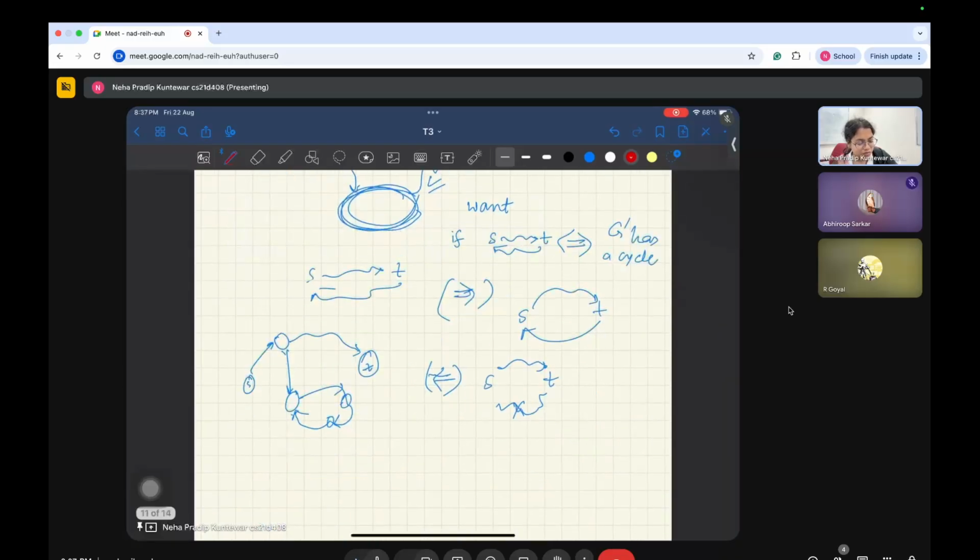This part was working here also. This was fine: if there is S to T and T to S, then I have a cycle. But the problem that we ran into was because of this other direction not holding.